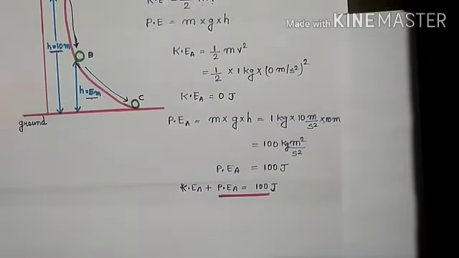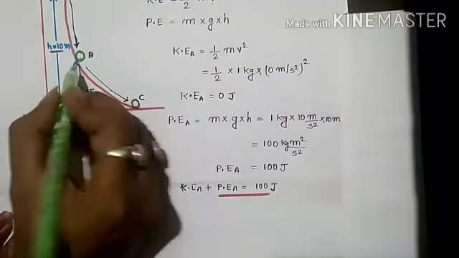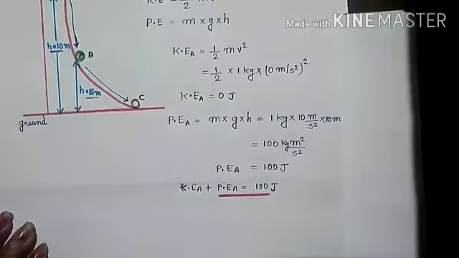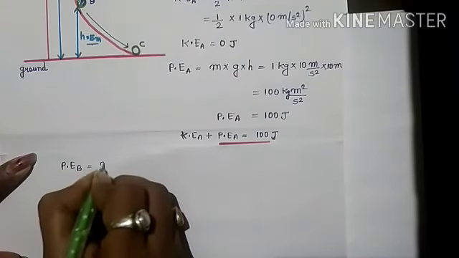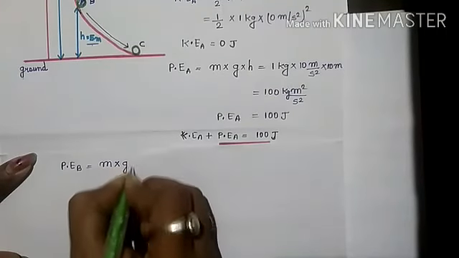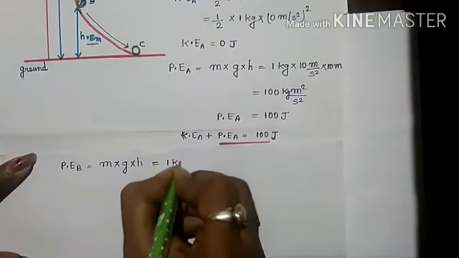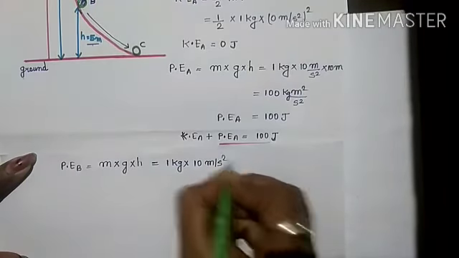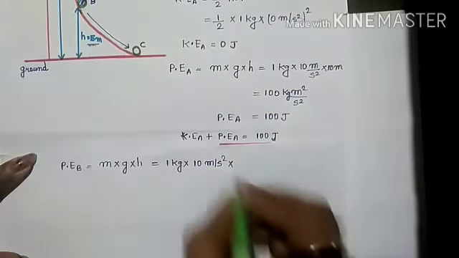Now we will check out the potential energy at point B, where the ball is at a height of 5 meter. We know that potential energy is equal to m g h, where mass is equal to 1 kg, g is 10 meter per second square, and height is 5 meter.